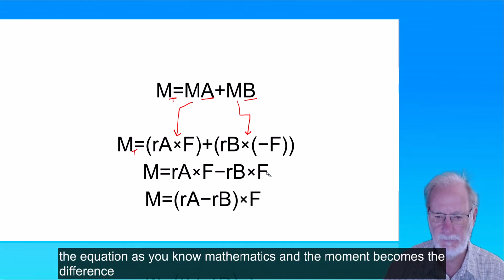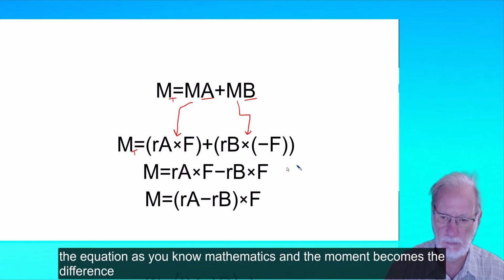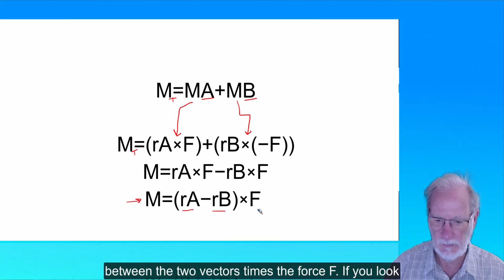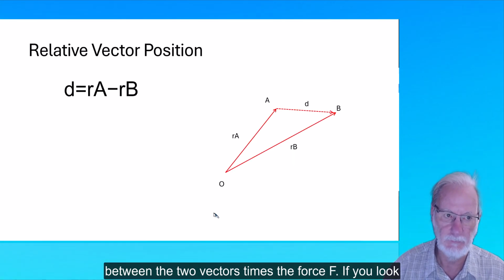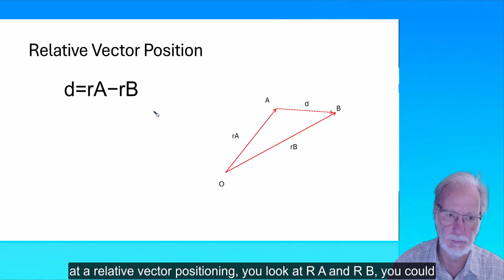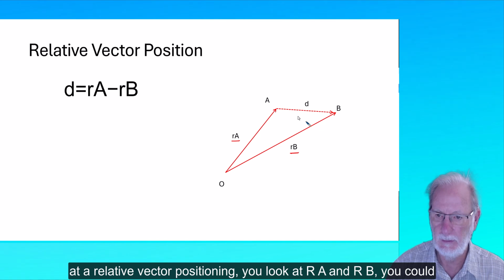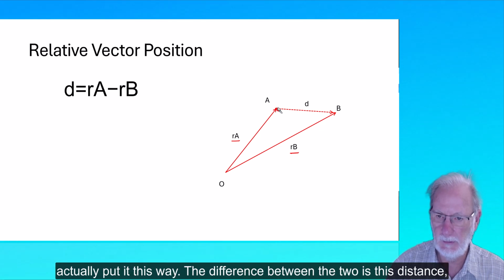And you can simplify the equation, as you know in mathematics, and the moment becomes the difference between the two vectors times the force F. If you look at the relative vector positioning, you look at RA and RB, you could actually put it this way.